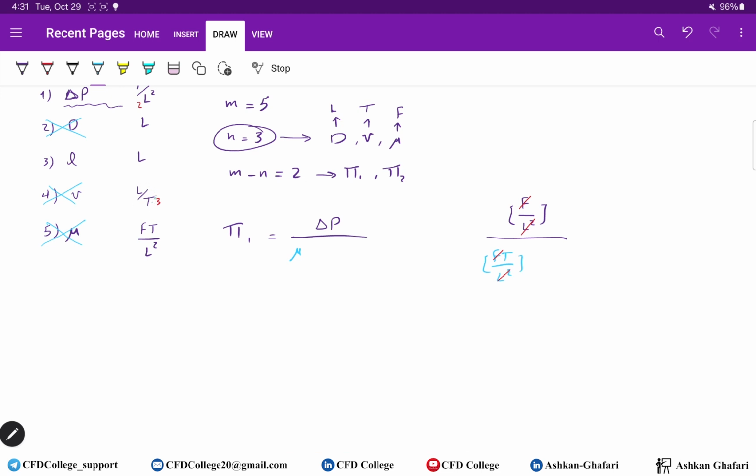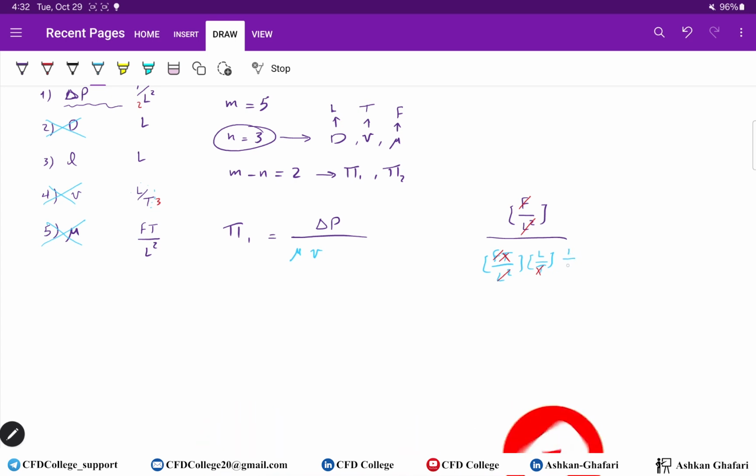The velocity has the unit of L over T, so if I put it here, now this T is gone, but we have L here, so we need to cancel this.